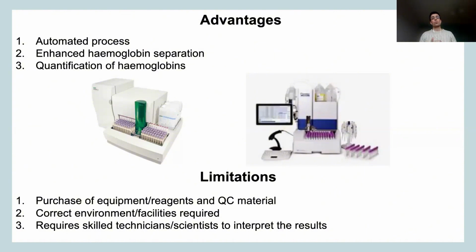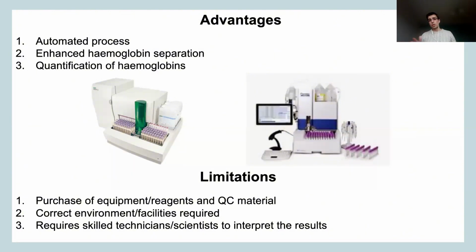And especially the quantification: it's a nice IVD CE-marked analyzer, also with FDA approval to be commercialized, and the quantifications are good. Obviously, you have a calibration process, and QC also needs to be in place just to make sure that the percentages that are coming out are accurate.